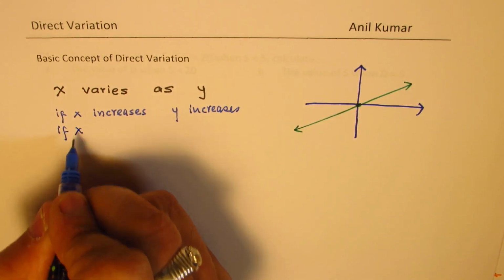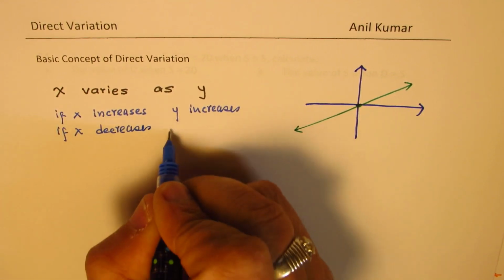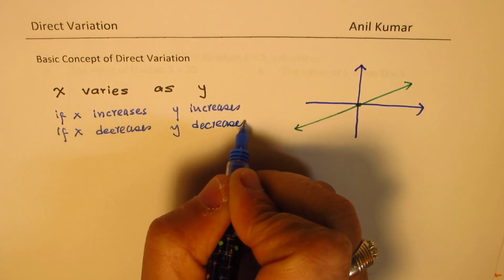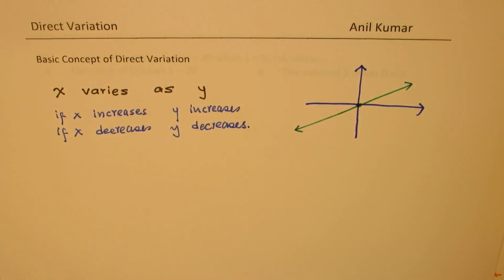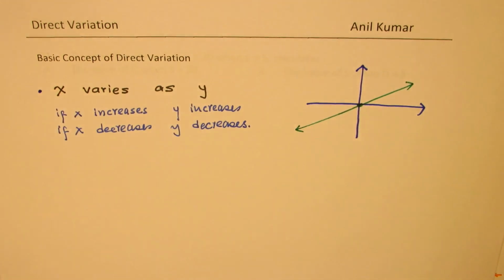If X decreases, Y decreases. So that is one interpretation of direct variation.